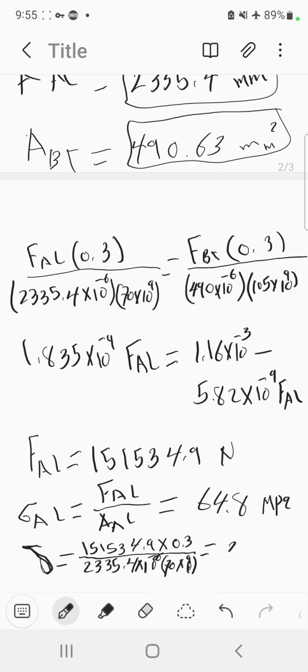So you will get 2.78 times 10 to the power minus 4 meter. That's the total change in length after the compression by the axial force.